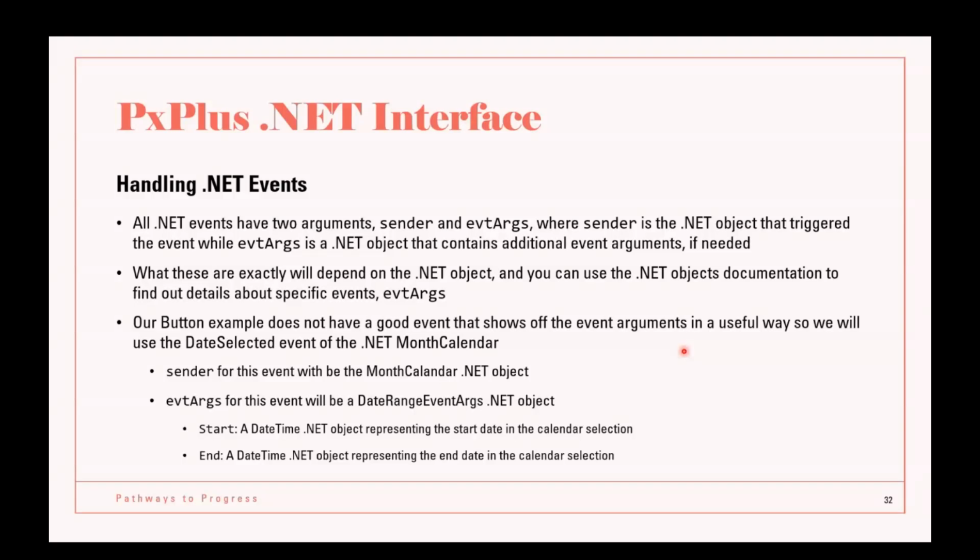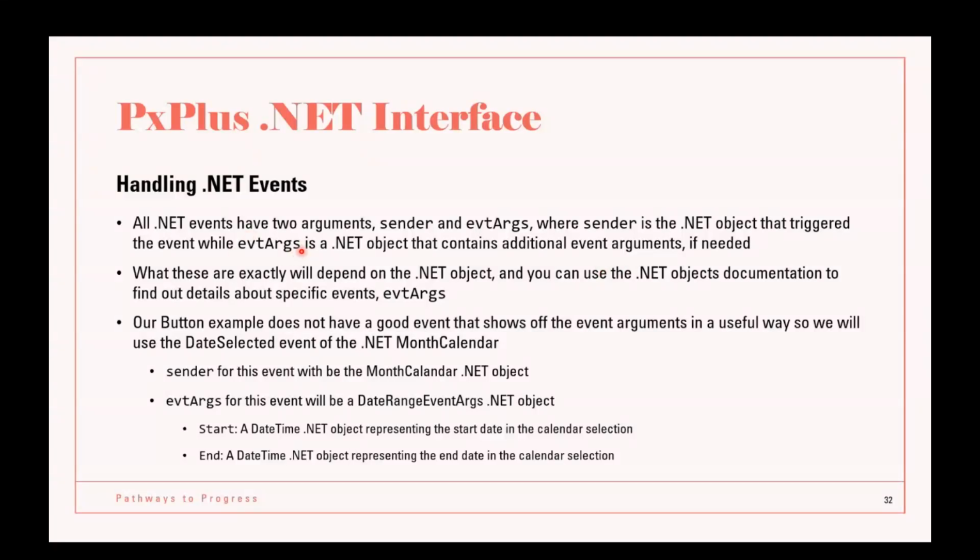So now I mentioned event args briefly earlier. If you use the event object, you can actually access these event arguments. Every .NET event defines just 2 arguments, sender and event args. Sender is going to be the handle to the .NET object that triggered the event, while event args is going to be different for each event.